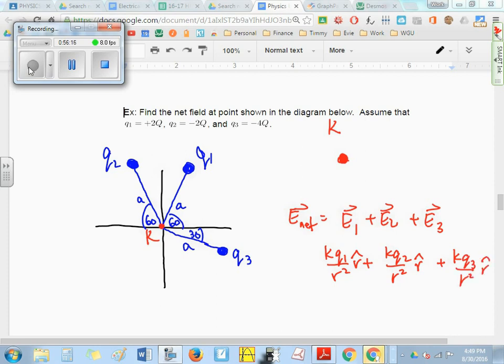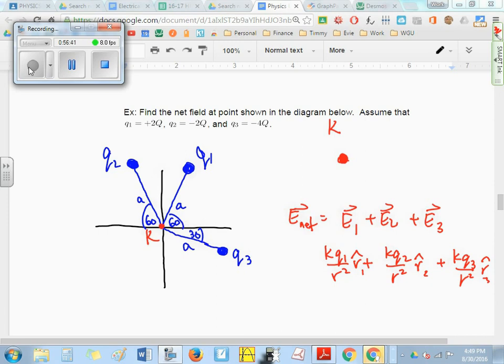And the R hats are all different. The R hats are the radial unit vectors. They always basically point from the actor, so they all point radially out of the 3 blue dots. Okay, so I'm going to have to index these. This is going to be R1, R2, R3.